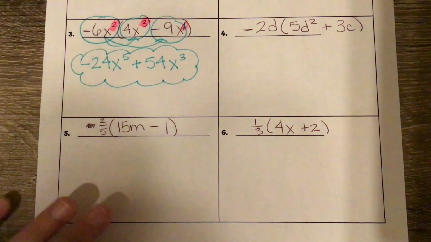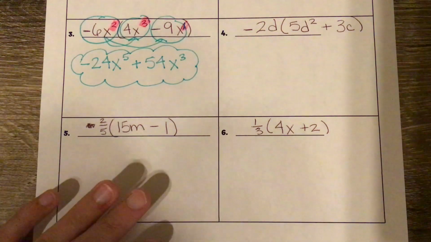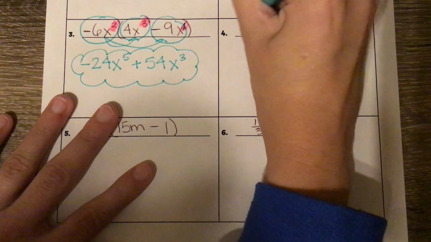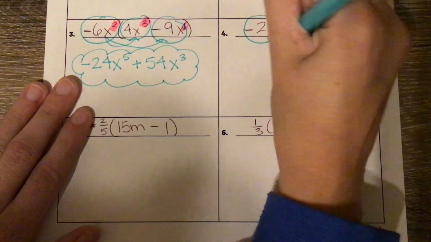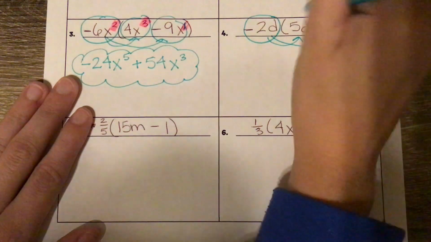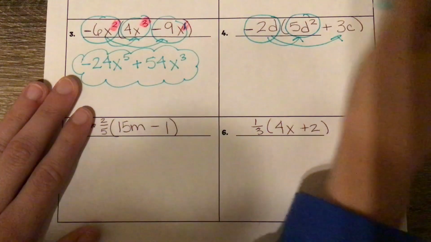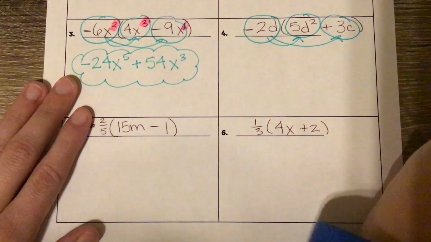Number 4. We're taking the number on the outside, -2, distributing it to both terms on the inside, to positive 5d squared and positive 3c.